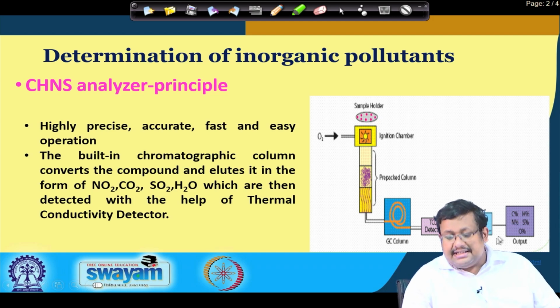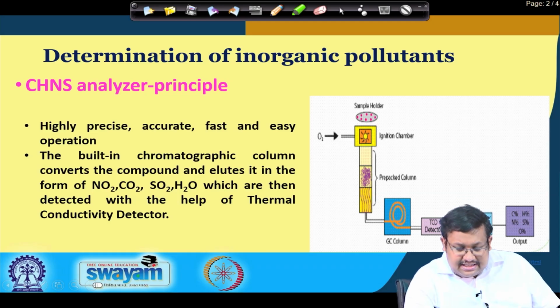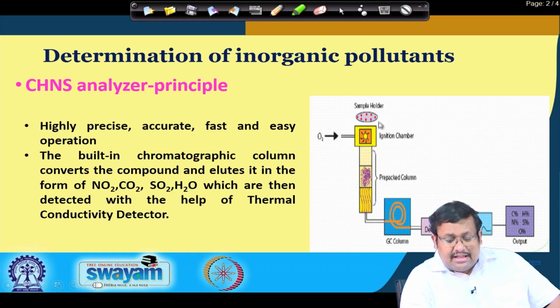So, the detector which is present is a thermal conductivity detector. In this diagram it is more clear. There is a sample holder or auto sampler, and after that there is an ignition chamber.